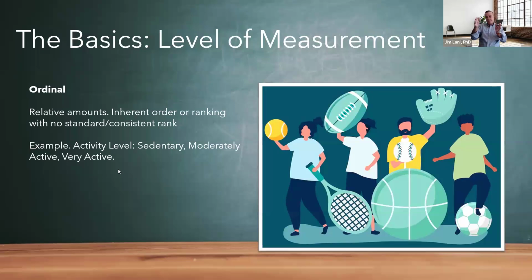The order of more activity is increasing, but the distance between sedentary and moderately active and very active may not be the same distances, so to speak. Just as an example, sedentary is, hey, I get up 10 times a day. Moderately active, maybe I get up 11 times a day. Very active, maybe I'm walking 10,000 steps. So again, different distances between those labels.